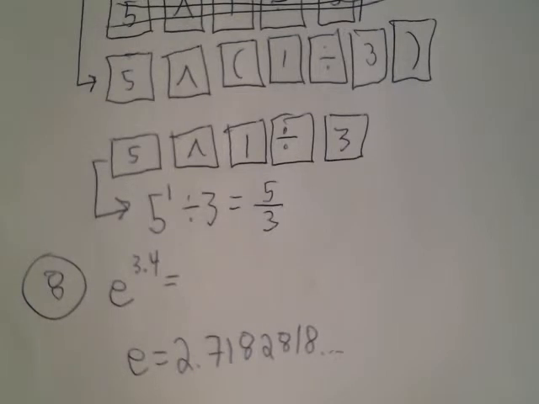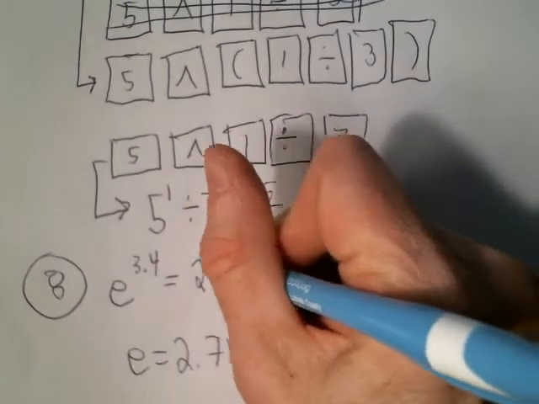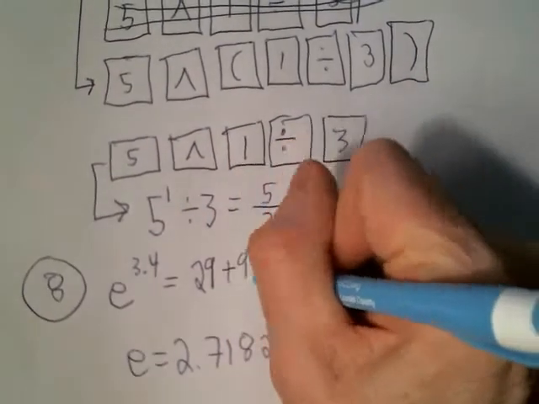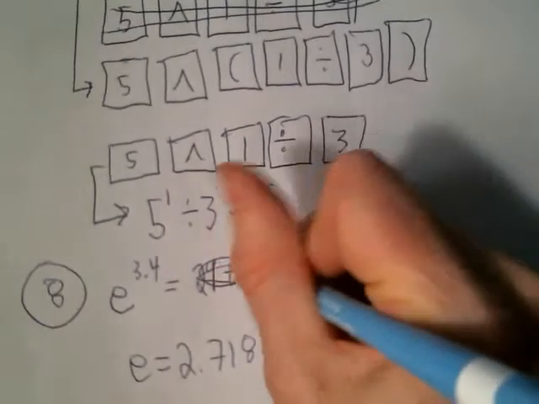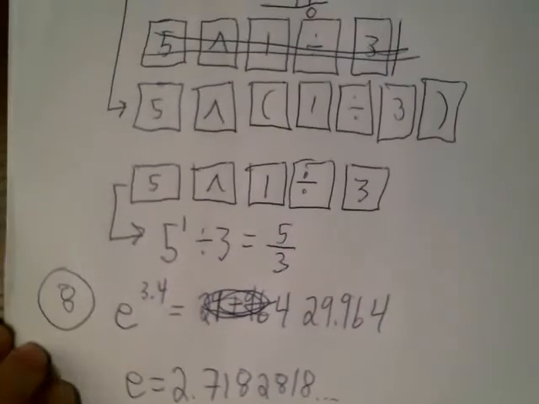So you hit that, and then raise it to the 3.4 power. If you have to put parentheses in, you do that. So this is 29.964. Yeah, 29.964. Okay.